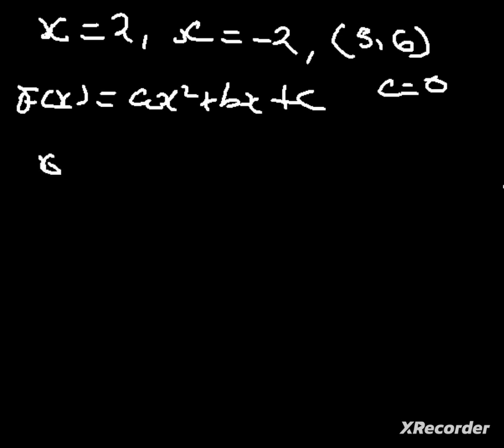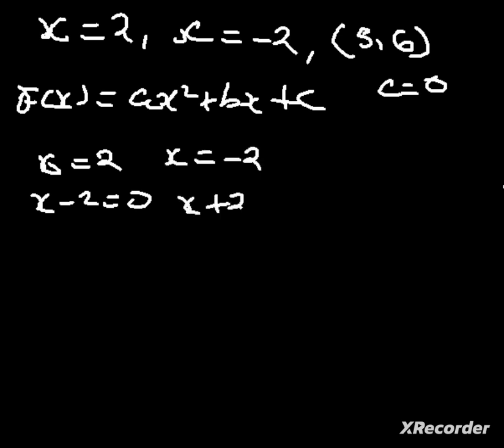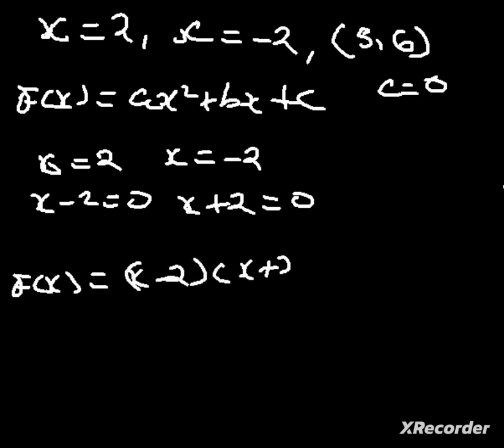Which means x is equal to 2 is the same as x minus 2 is equal to 0, and x is equal to negative 2 is the same as x plus 2 is equal to 0. So in this case, we'll have f of x being given as x minus 2 times x plus 2.